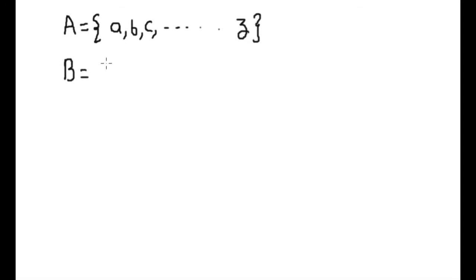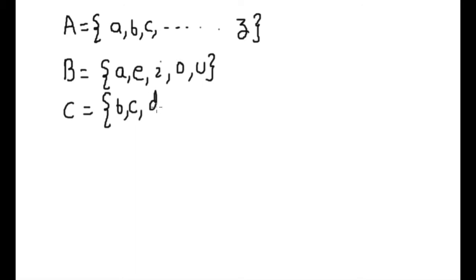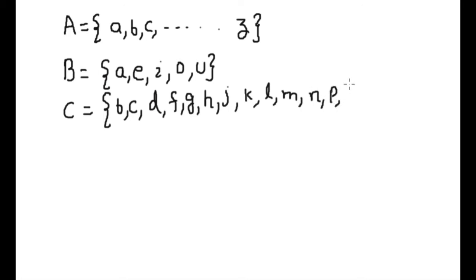And another set B of English alphabet but only vowels: A, E, I, O, U. And C is the set of all consonants: B, C, D, F, G, H, J, K, L, M, N, P, Q, R, S, T, V, W, X, Y, Z.